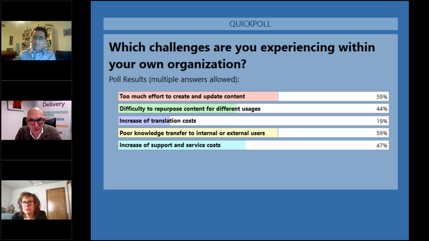Then comes, at around 45%, difficulty to repurpose content for different usage, and increase of support and service costs. Only at 20%, so very low, is increase of translation costs. So translation cost is not something that is bothering you that much, but what you describe here is very much related to the problems of Swiss-Ski Print: too much effort to create and poor knowledge transfer.